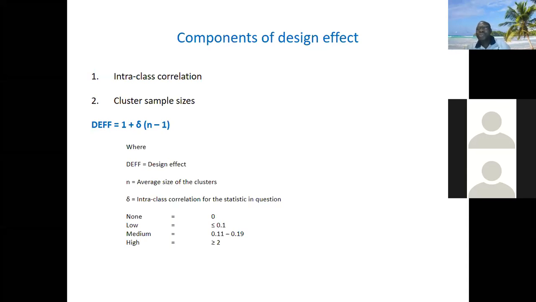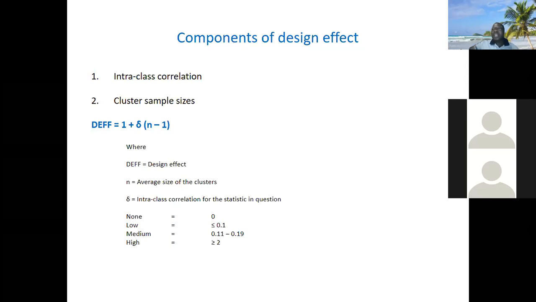It has nothing to do with it. It has to do with the dynamics of the relationship among the people in each cluster, what they were exposed to before. But if the intra-class correlation is constant, as the cluster size increases, the design effect will increase also.